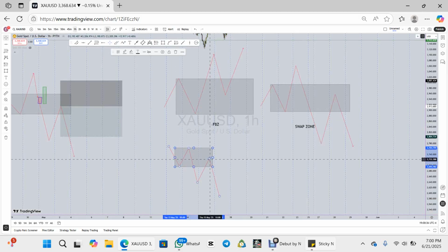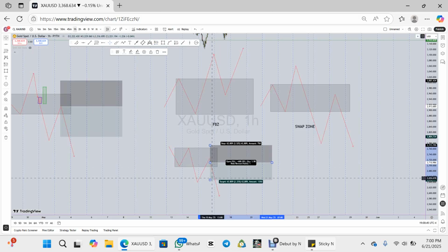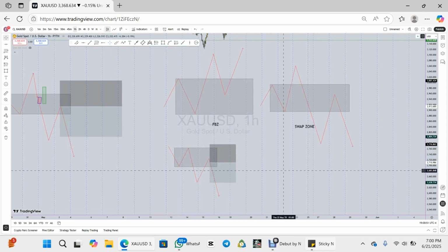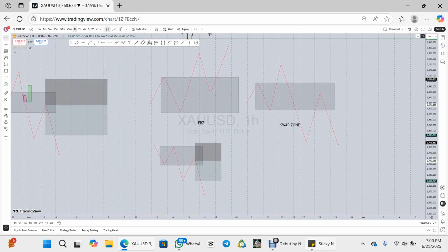Then once price gets into it and we see a bearish engulfing, we take our entry from there and target 1:1. That's it. You have a trade. Now for the swap zone, for the bearish swap zone, we have something like this.